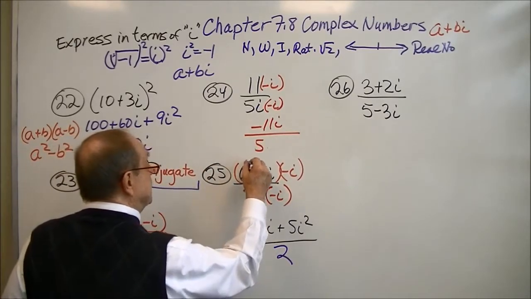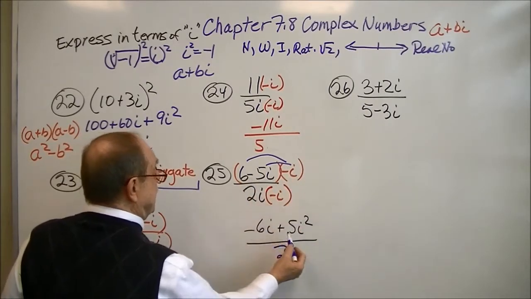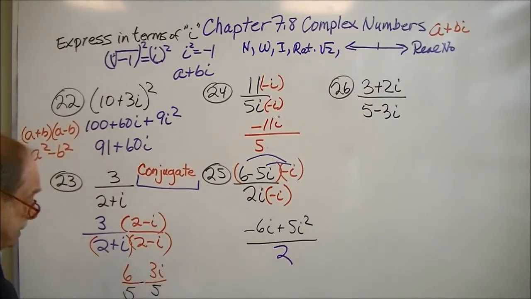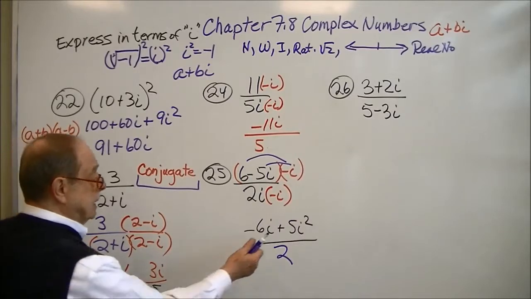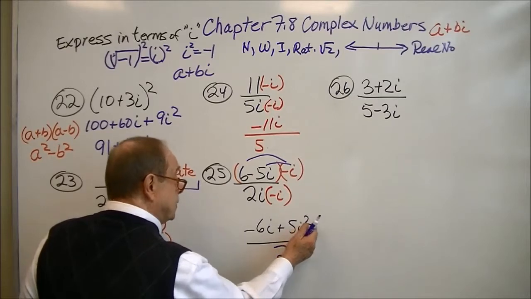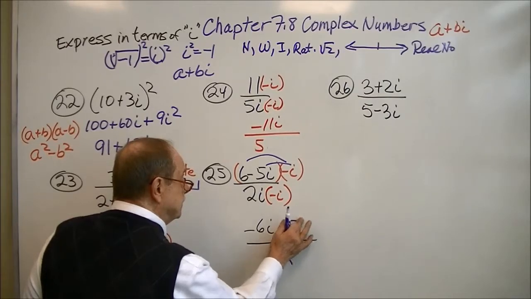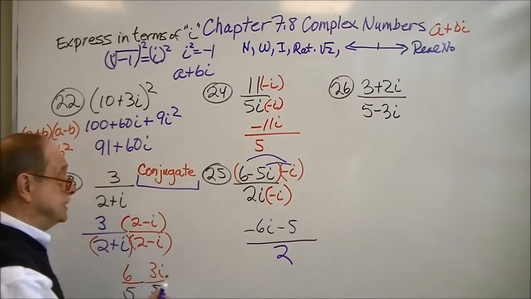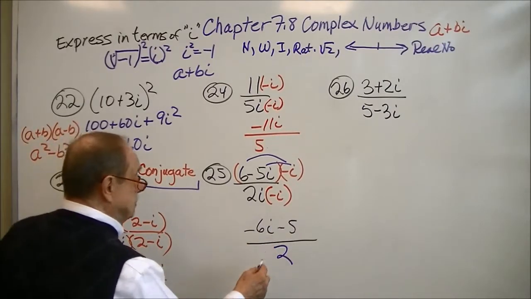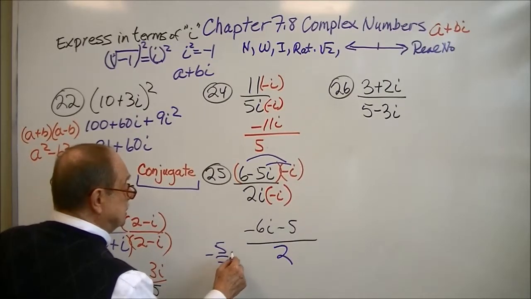Now, when I distributed this, I got a negative 6i and a positive 5i squared. But that's not in standard form, and we can't leave that positive i squared there. i squared is a negative 1, so this is going to become a negative 5. Now, is that in standard form? No. So we have to put it as negative 5 over 2.